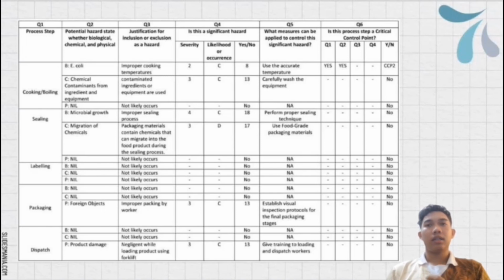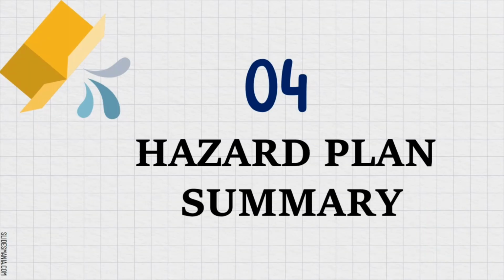And the last one is the dispatch process. The potential hazard is also a physical hazard, which is product damage from negligence while loading product using a forklift. The severity is 3, which results in product recall, and it could occur. To control it, give training to loading and dispatch workers.